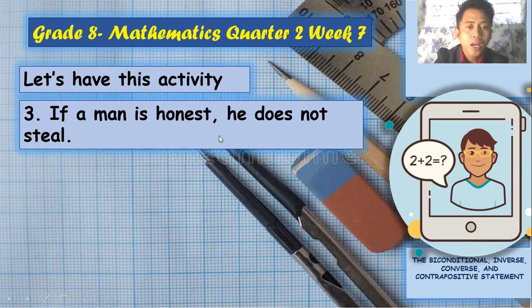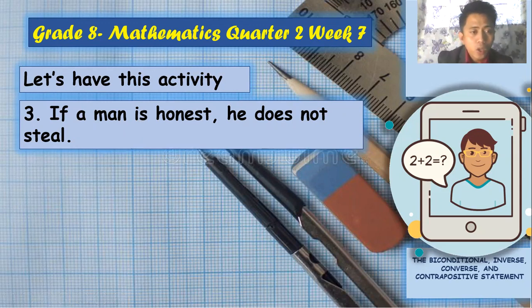Right. Even though this is not written in the form of an if-then statement, it implies that there is the word if. A man is honest, the hypothesis, right? If a man is honest, this is our hypothesis, followed by our conclusion. He does not steal. So even though there's no word then here, still this is a conclusion.